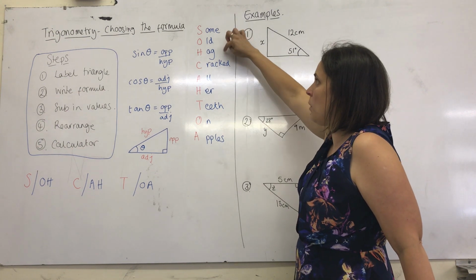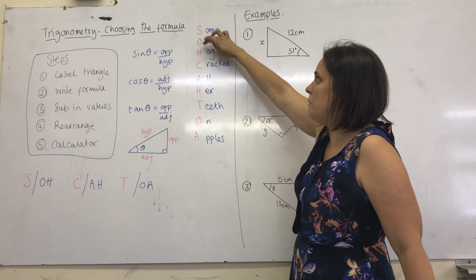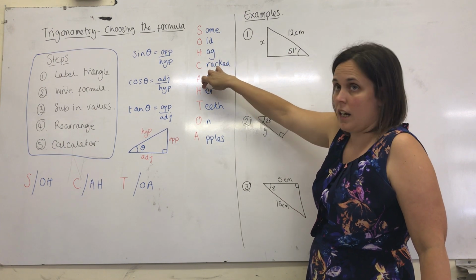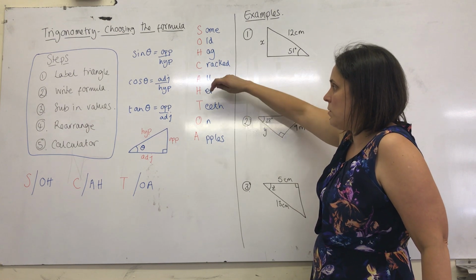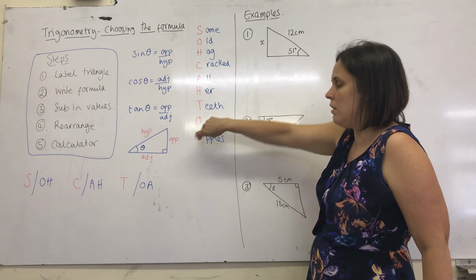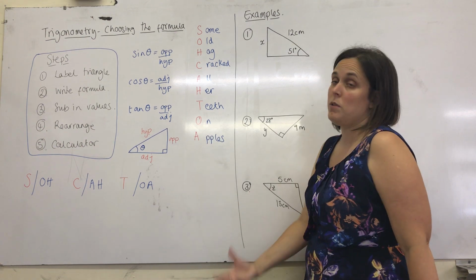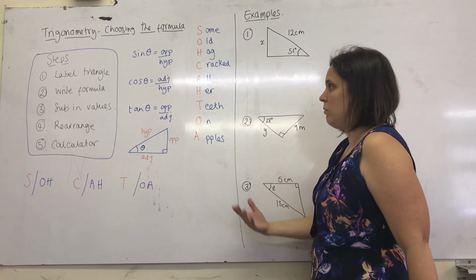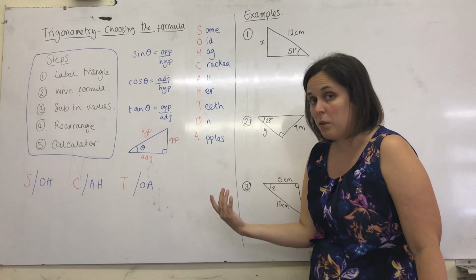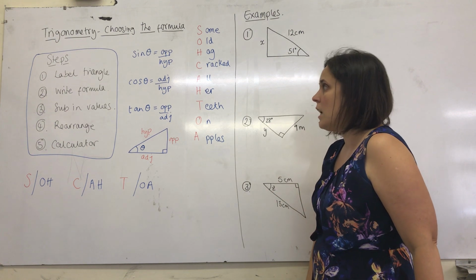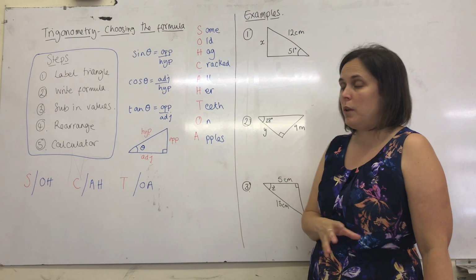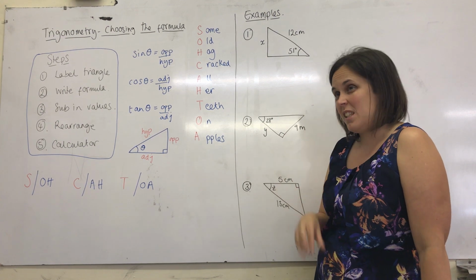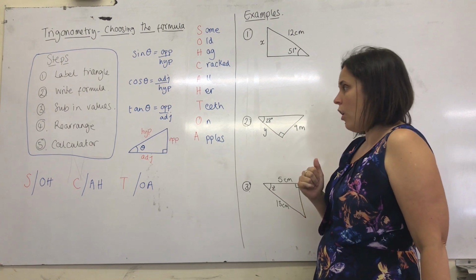So again, you'll notice some old hag, SOH, which is sine opposite hypotenuse, cracked all her, C for cos, A for adjacent, H for hypotenuse, teeth on apples, tan, opposite, adjacent. Okay? So these are some suggestions. There are different versions of this which you might have heard of, and you might want to make up your own one so it's something that sticks in your mind. But however you learn them, you have to know those 3 formulae. So that's the first thing. If you know the 3 formulae, then that's half the battle.